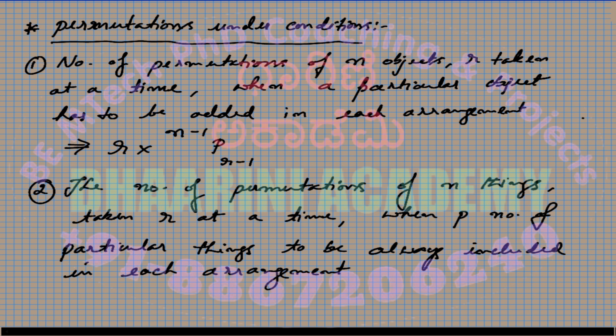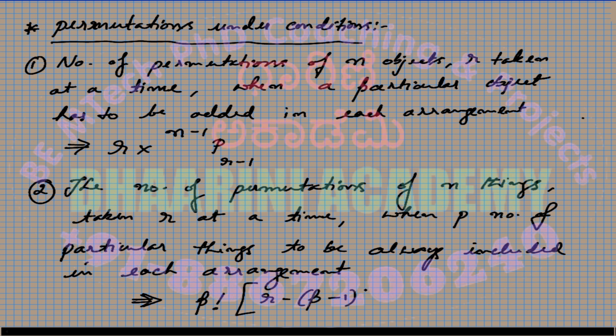In each arrangement, right? Now you see, previously it was only one object. Now p objects are used always. So that means it is p factorial multiplied by (n minus p)P(r minus p).